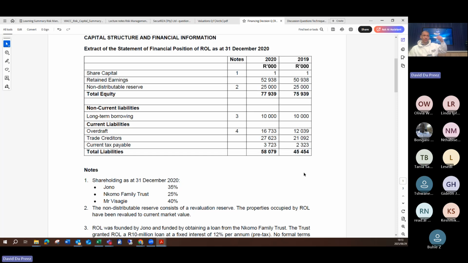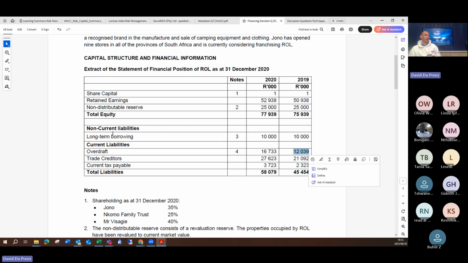If you had a positive balance, that would have formed part of assets, right? They don't even have assets on here. So you have a negative in 2019, a credit balance, sorry. When I say credit, I'm talking about a negative balance in your bank, which is an overdraft.